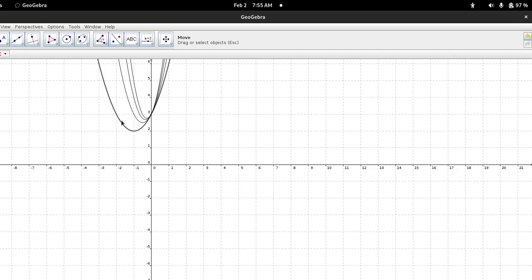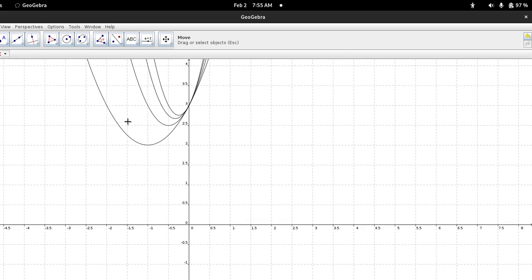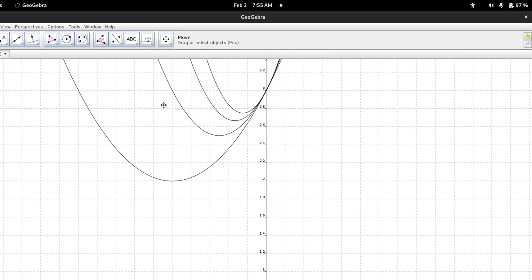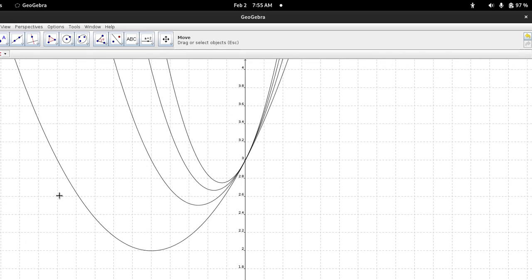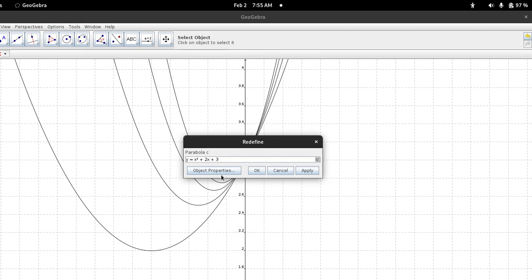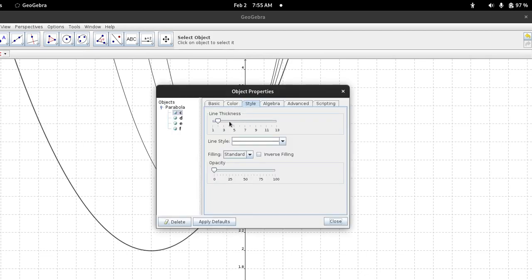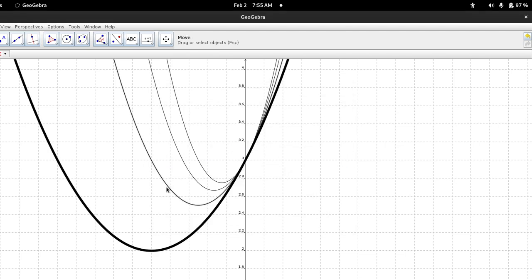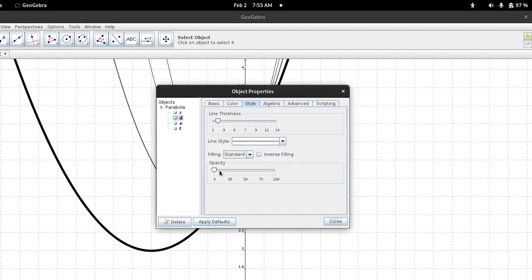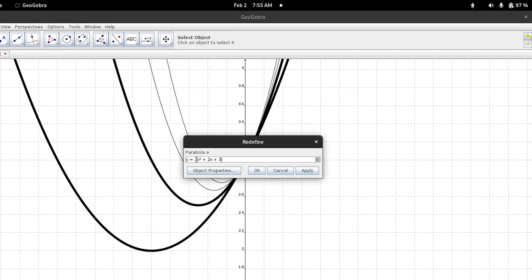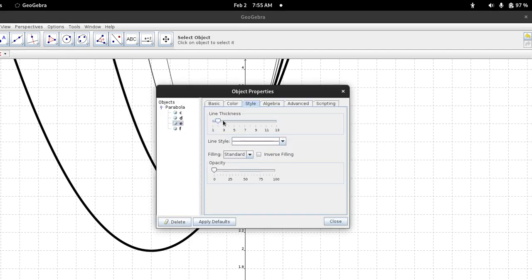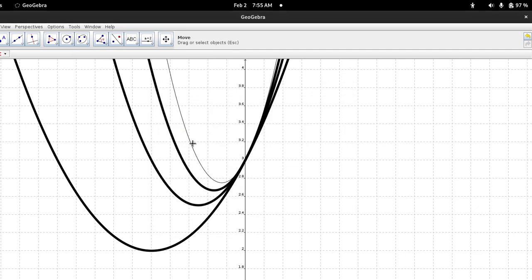Alright, so let's zoom in and see what's going on here. I just thicken all of these lines. Make them thick.